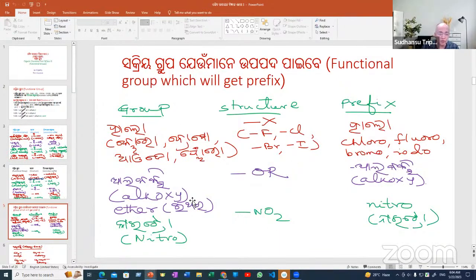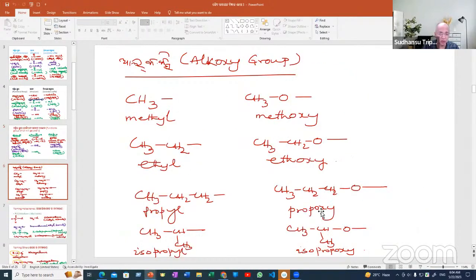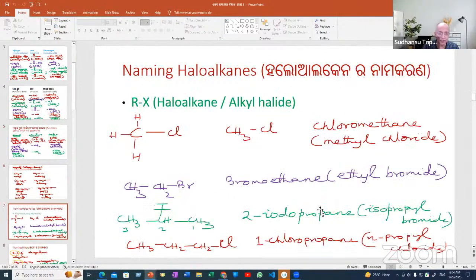Now, these groups have no priority, like halo, chloro, bromo, fluoro, alkoxy, nitro. They compete with alkyl groups to have their locants. The same lowest set of locants rule is applicable for all these.